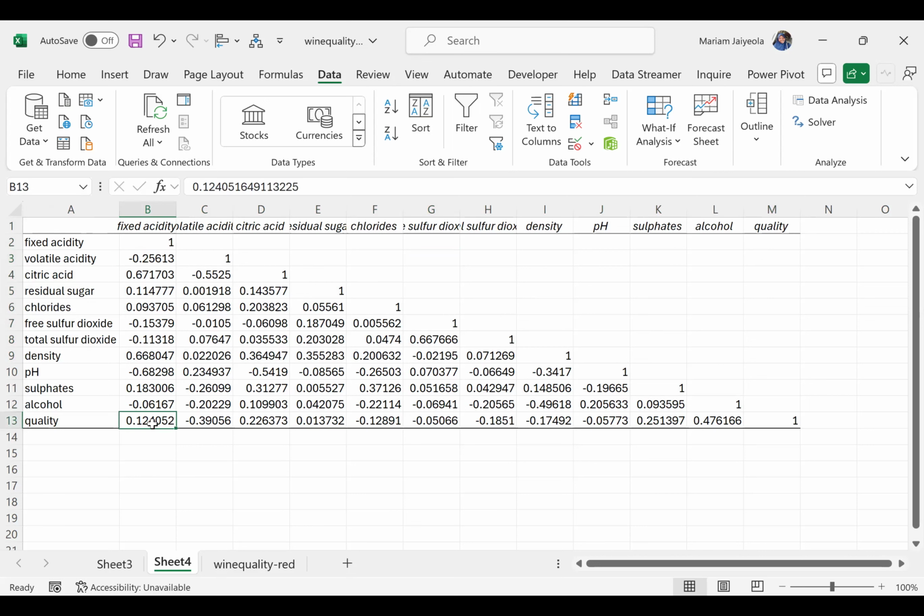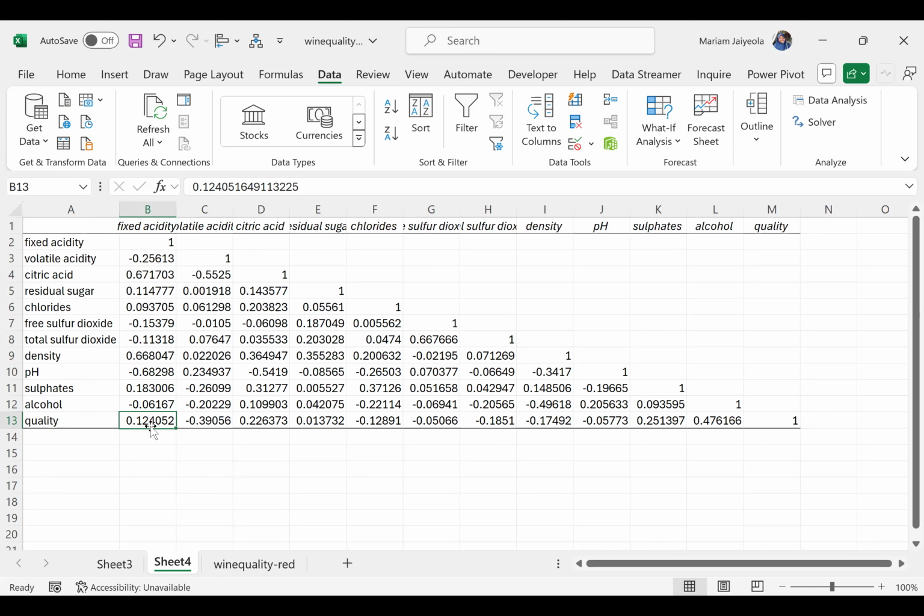Fixed acidity and quality is 0.12, so there's a direct relationship. That means as the acidity of this wine is increasing, the quality too is also increasing. But we don't know what amount of increase in acidity brings about what change in quality, what a unit change in acidity will cause in the quality.